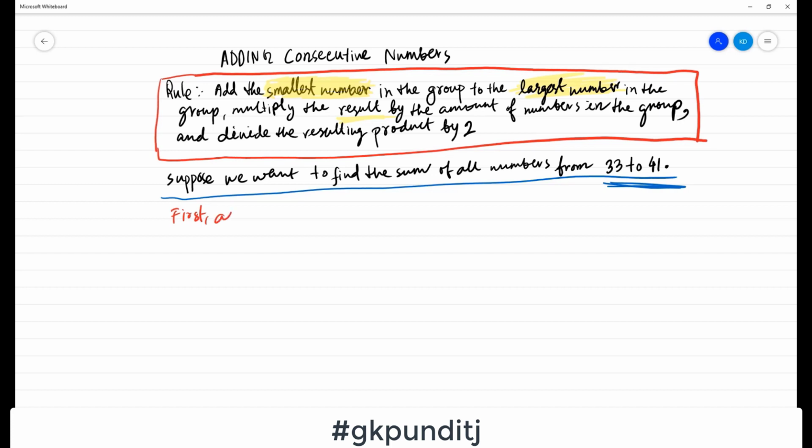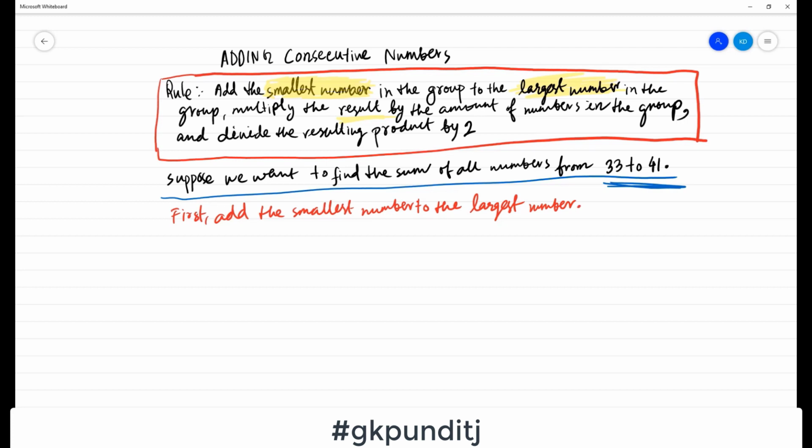First, add the smallest number to the largest number.